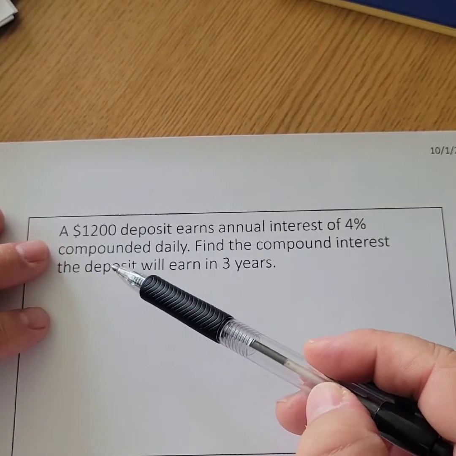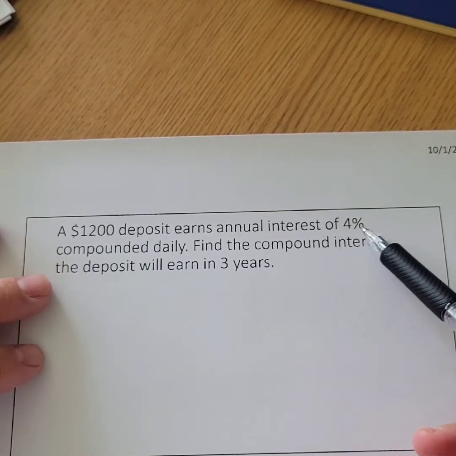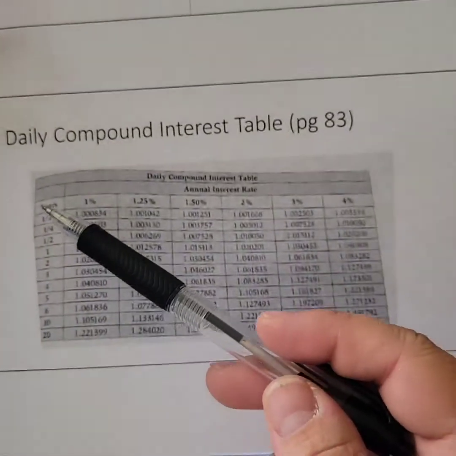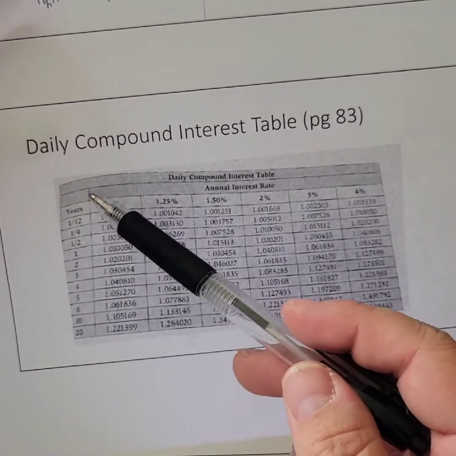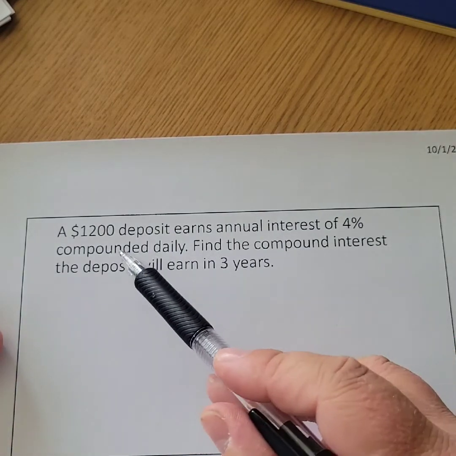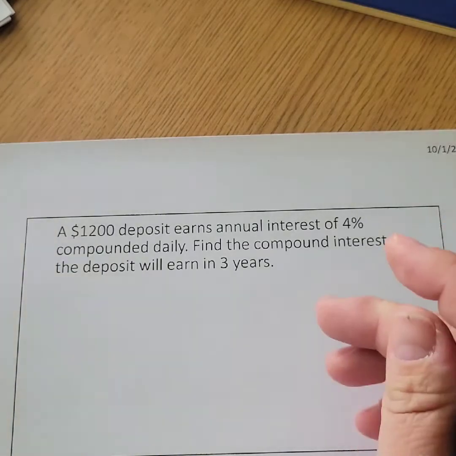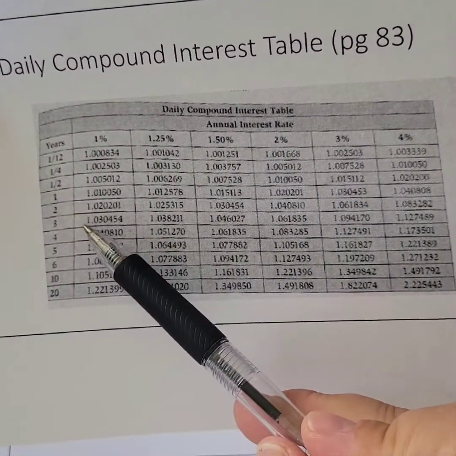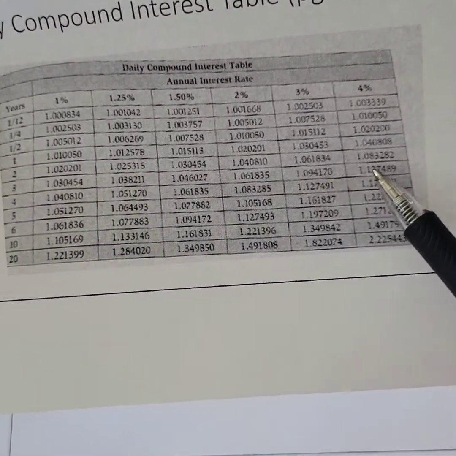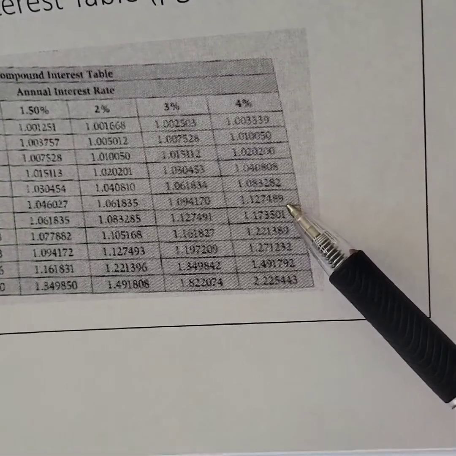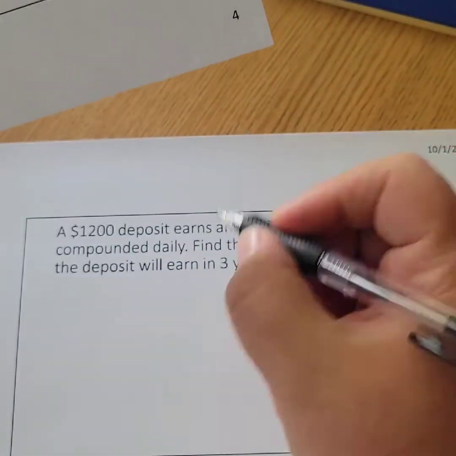So we have a $1,200 deposit, earns annual interest of 4%, compounded daily. So the daily chart is this one. To know it's the daily chart, it's going to say years, okay? Not periods. So 3 years, 4%. I have 1.127489.